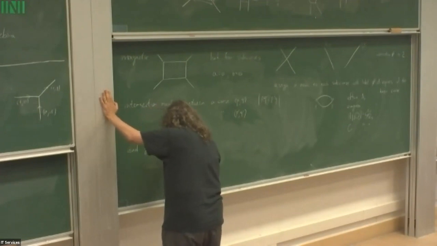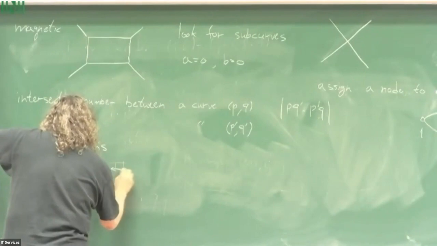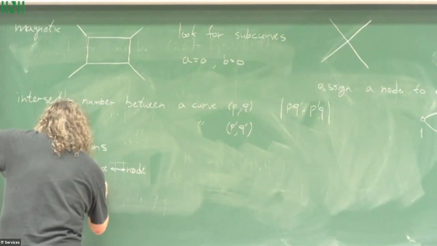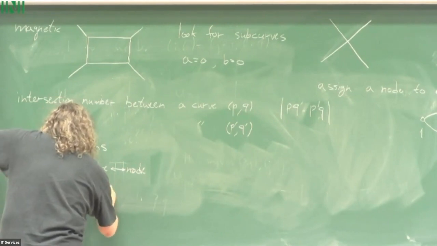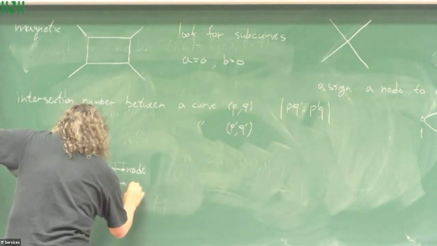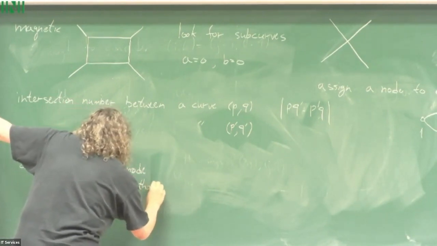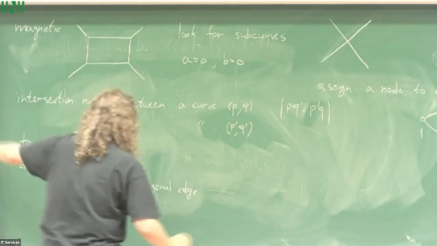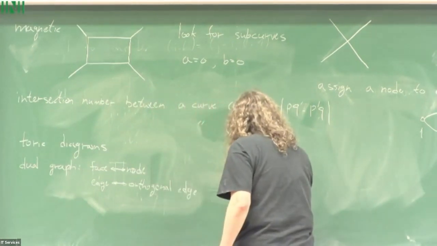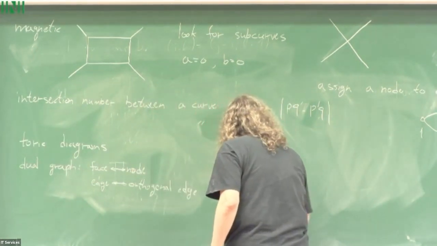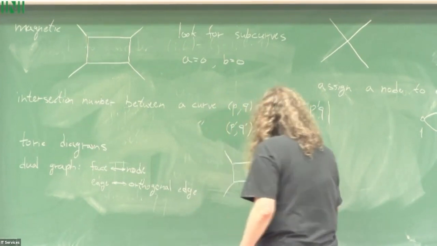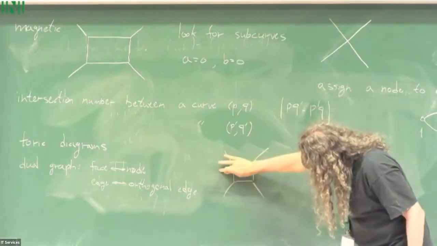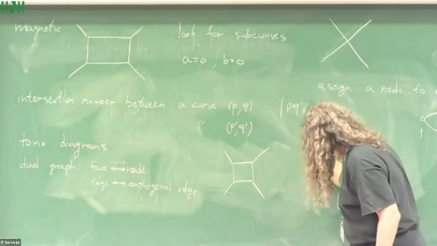Replace a face by a node, and an edge by an orthogonal edge. So for this case, I will get a toric diagram, which is a single point in the center and 4 points. So I have 4 non-compact faces. So 4 points.